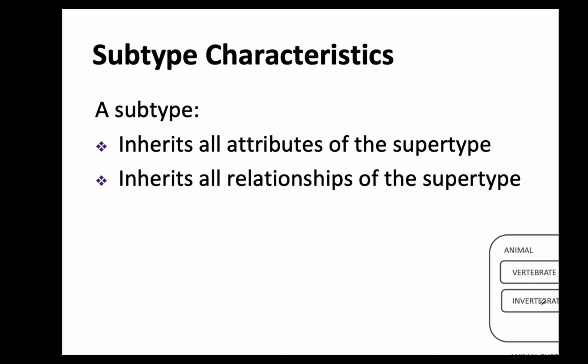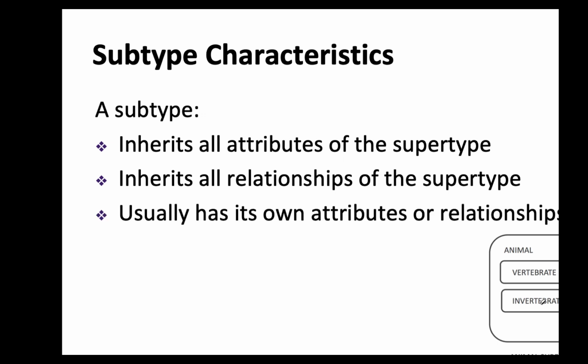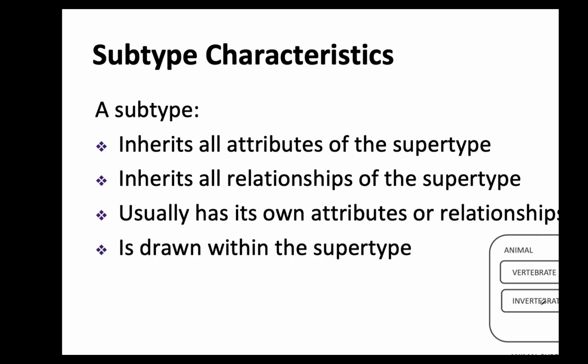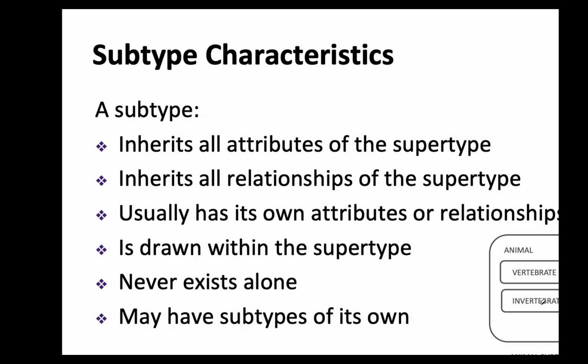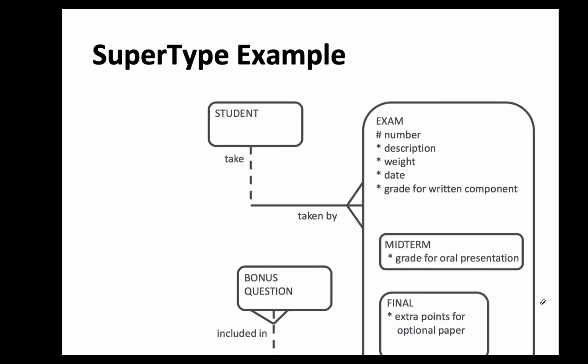Inherited relatives, okay? But obviously, we will see this later on. A subtype usually has its own attributes or relationships, is drawn within the supertype, and obviously it will never exist alone, and may have subtypes of its own.